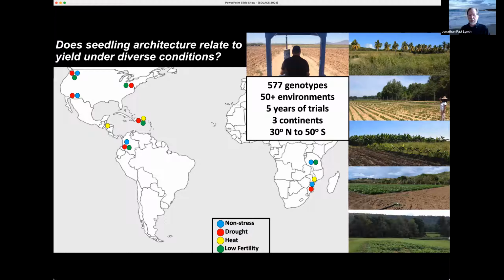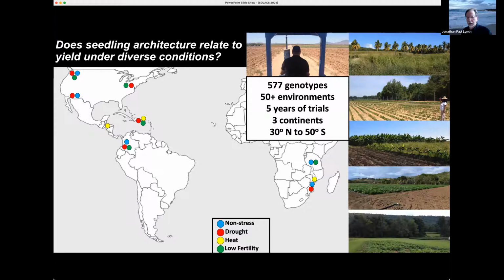Now, this is with common bean, and we were interested to know if the architectural phenotype that we see in seedlings in growth pouches, a very simple, blue germination paper in a plastic bag, accessible to anybody on Earth. And we evaluated a diversity panel of 577 bean genotypes representing the entire diversity of cultivated common bean in over 50 environments, representing 5 years of trials, 3 continents.